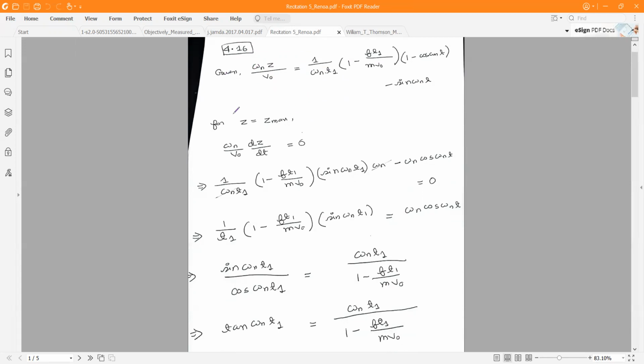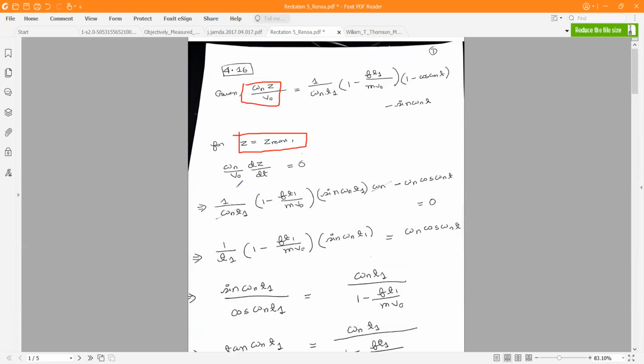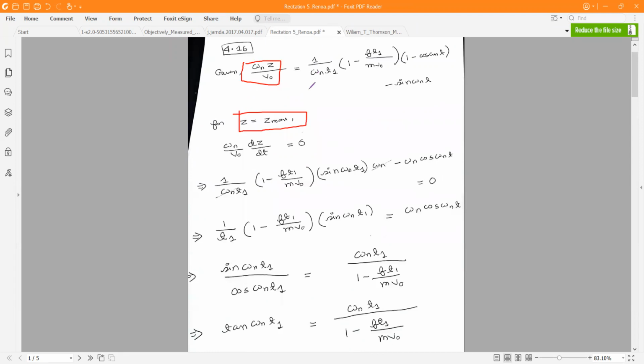We know that when z is equal to z max, the peak response, then dz over dt is equal to 0. So we're just going to differentiate this equation. I'm going to write omega n over v naught dz over dt is equal to 0. Let's differentiate it. Here 1 over omega n t1 and 1 minus F t1 over m v naught are constant.